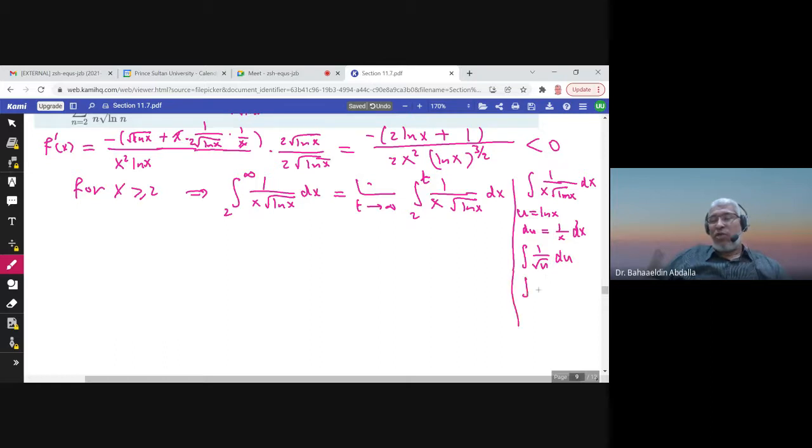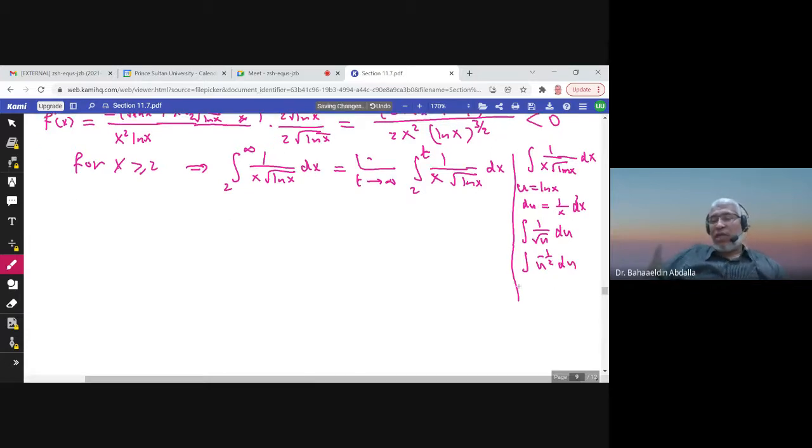And this would be u to the power negative half du. And the integral would be u to the power half over half, or 2 times square root of u, and u is ln x, so in fact this would be the integral.